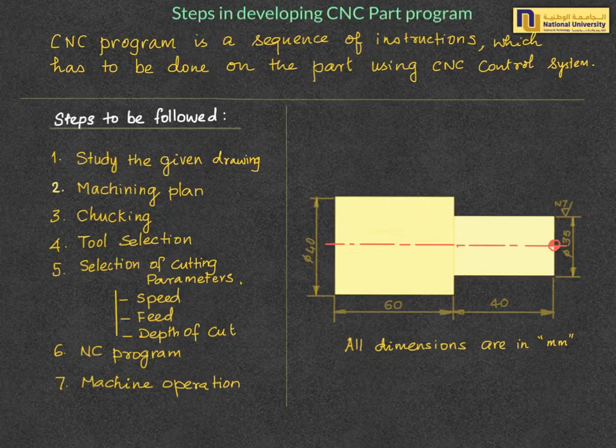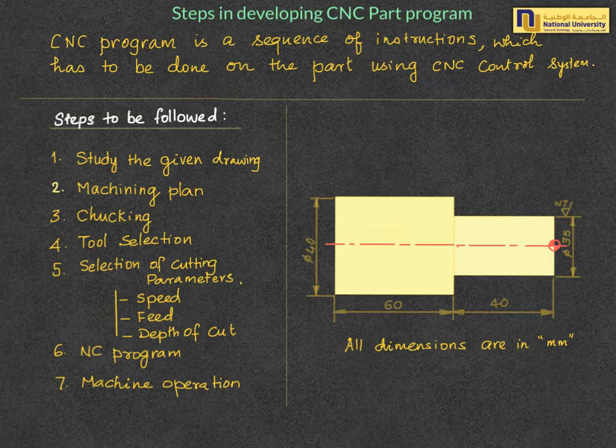CNC part programming is a sequence of instructions which is fed into the machine which can produce the part using a CNC control system. The steps involved in writing a CNC program are given here.